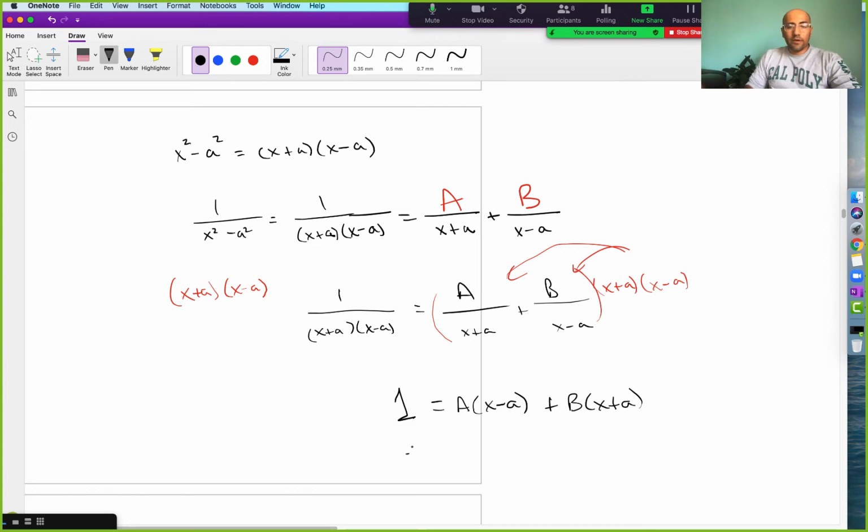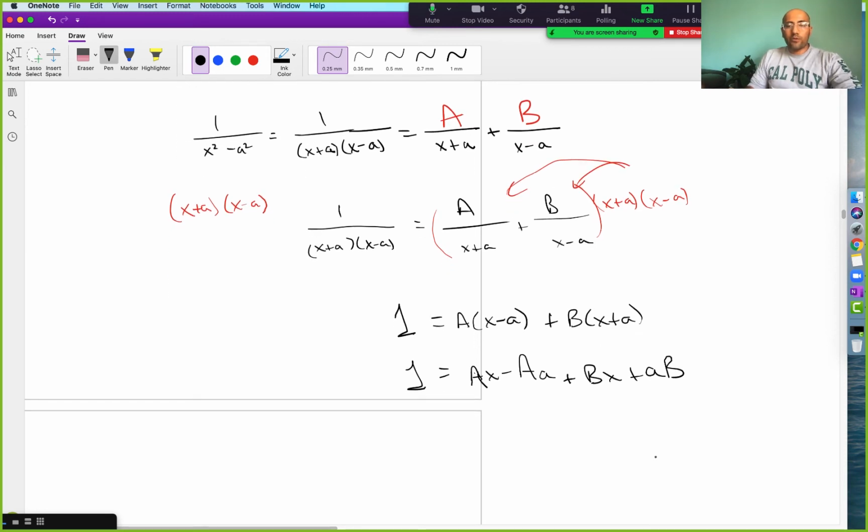Good. All right, so then I have 1 equals capital A x minus, and this is ugly notation, I have capital A and lowercase a, but they're two different things. So this is a situation where it's case sensitive. Maybe I should have used different letters, but I'm not that bright. Plus capital B x plus lowercase a capital B. Good.